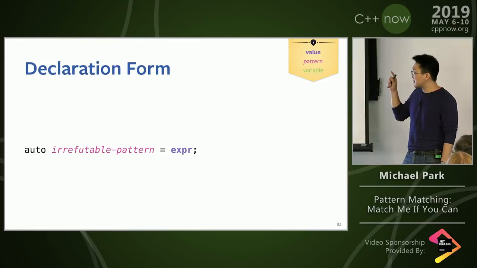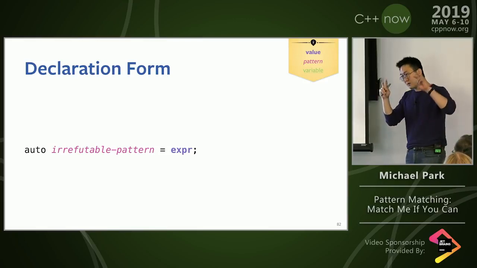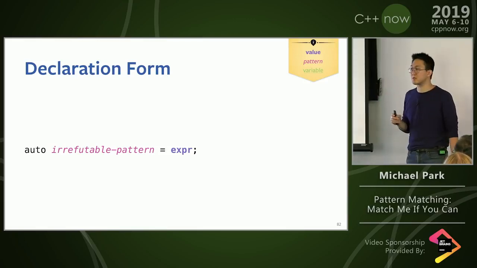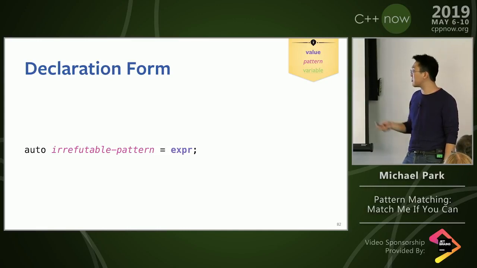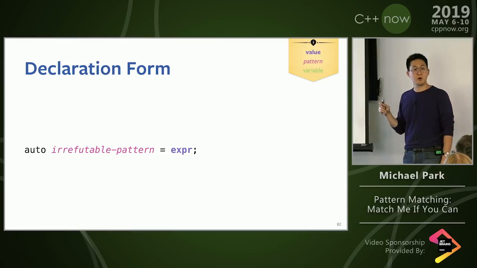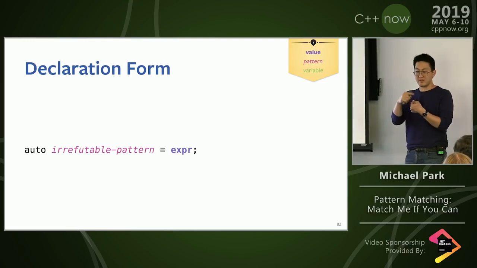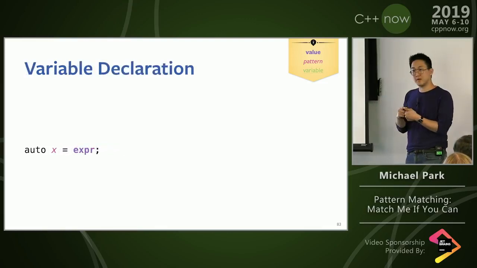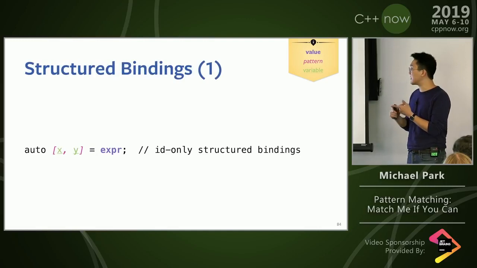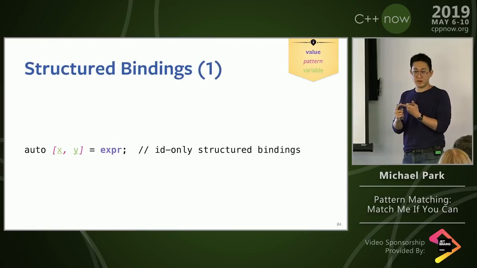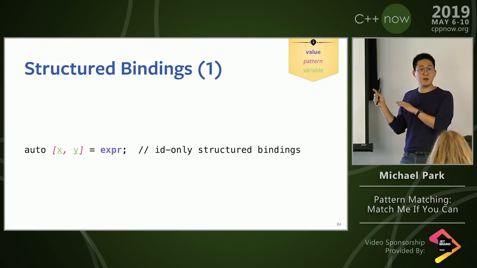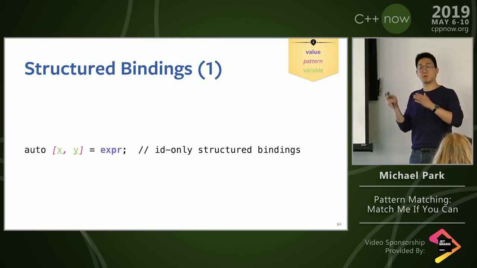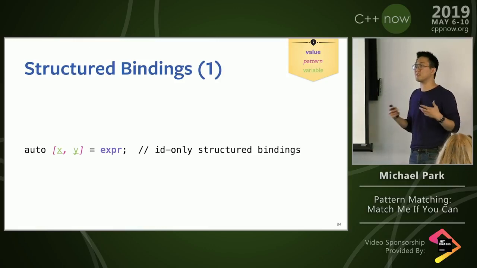So the backporting of patterns to declaration form would be, today this is true, right? Auto irrefutable pattern equals expression. The irrefutable patterns that exist today are ID expression, or structured bindings, which only have irrefutable patterns, which are identifiers. Obviously this is not how it's specified, but conceptually this is how we could think about how it works today and how it all fits together.